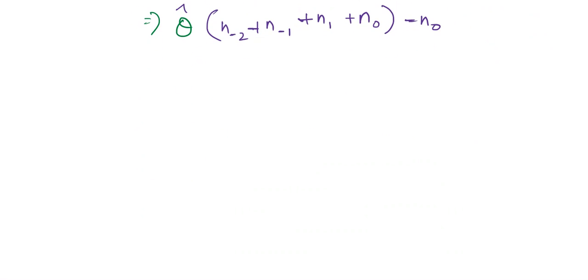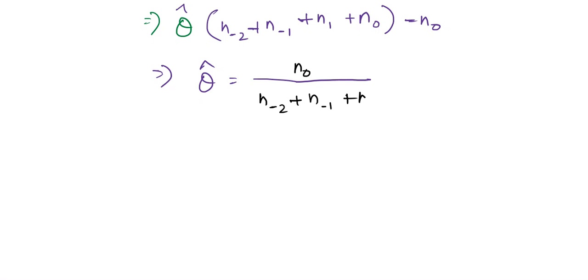Okay, so that means theta cap equals to n naught by n minus 2 plus n of minus 1 plus n of 1 plus n naught.